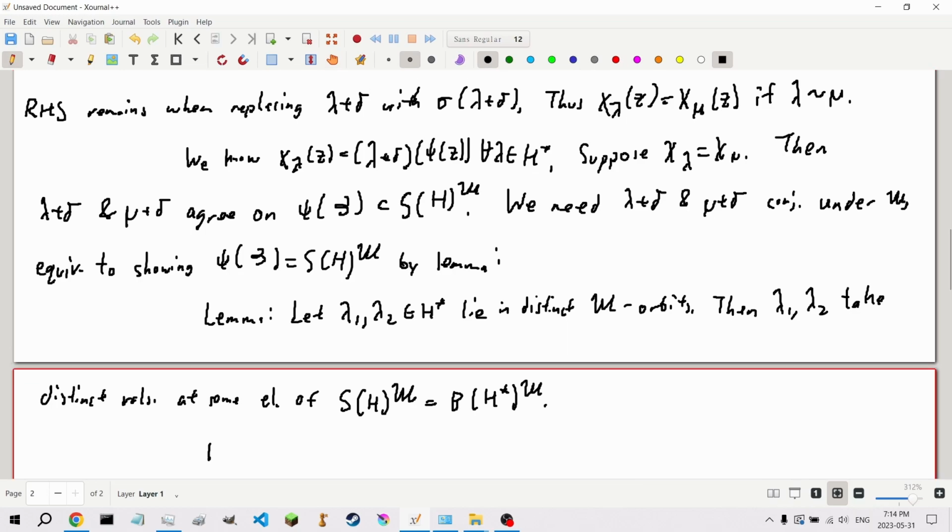And the proof only relies on the finiteness of the Weyl group.